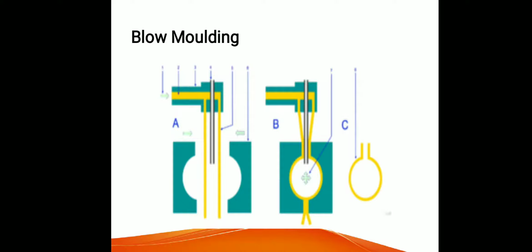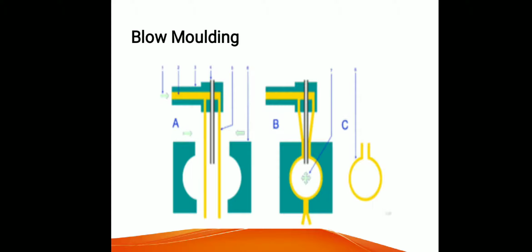These are the products we can manufacture with blow molding. In that process, a softened thermoplastic is placed in a closed-end tube and inflated by applying pressure.